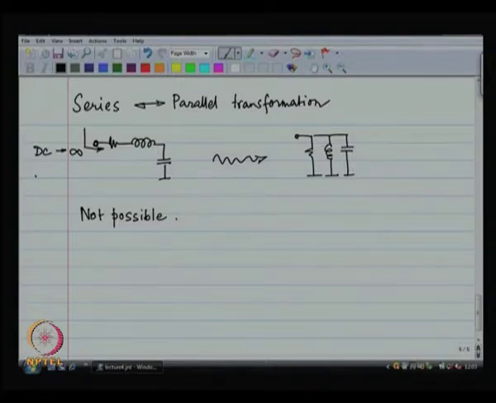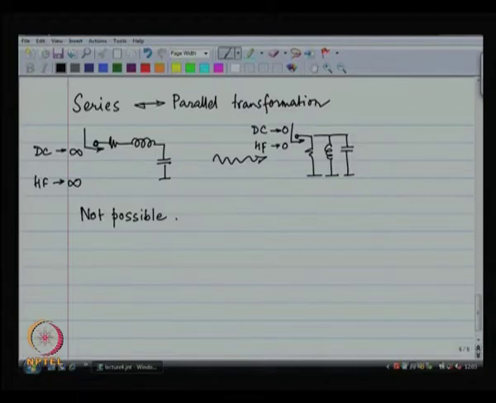At high frequencies, it is infinitely large because now the inductor is an open circuit. And then look at the other one. At DC, the input impedance is 0 because the inductance is a short circuit. At high frequencies, the input impedance is 0 because the capacitance is a short circuit.